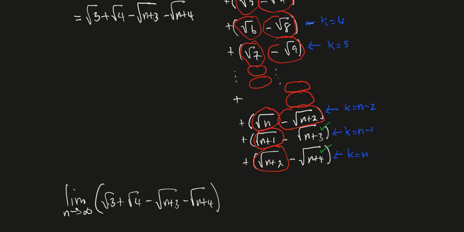Well, these two are constant terms, but as n gets very, very large, both of these get very, very large. So this goes off to positive infinity. This goes off to positive infinity. So we end up with basically this type of expression: root 3 plus root 4 minus infinity minus another infinity.